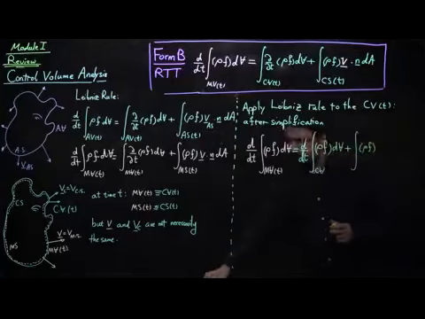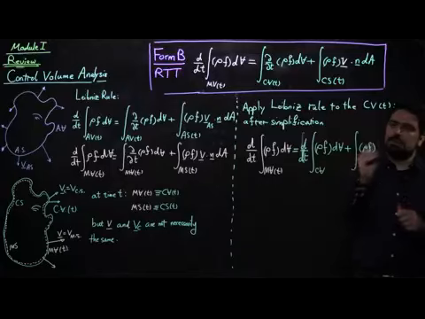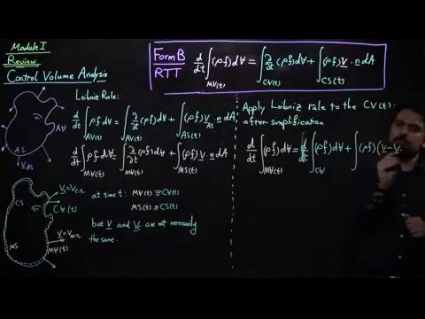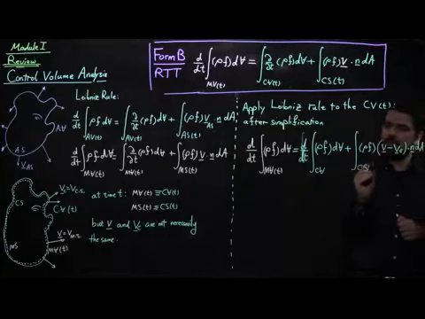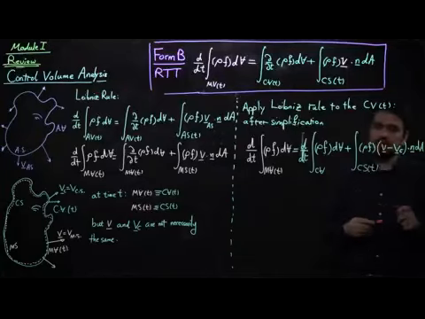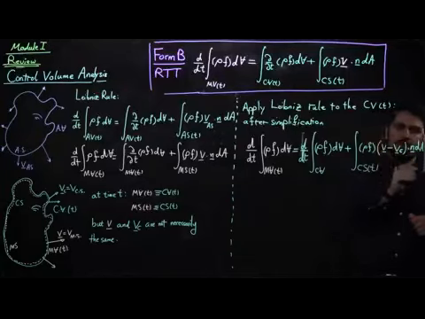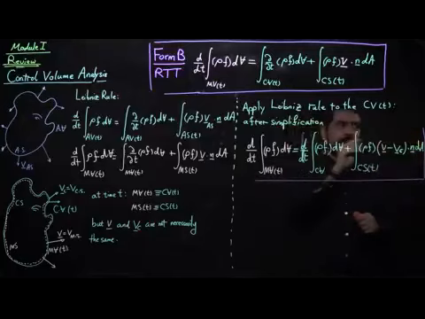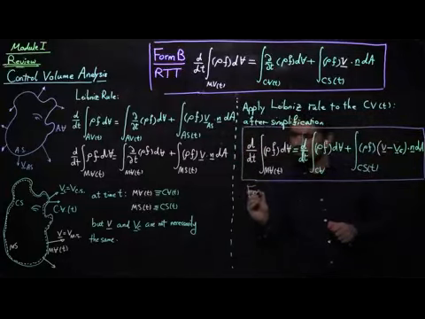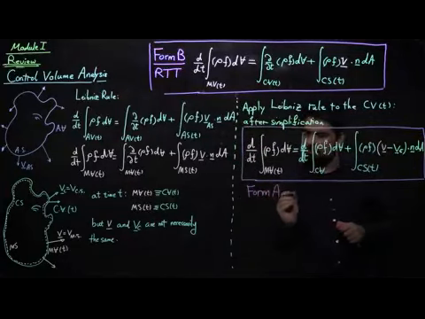And the velocity would be the relative velocity, which is v minus v sub c dotted to n dA. And this integral is done over the entire contour surface. And if you remember, this was indeed what, again, we described in the class as form A of Reynolds transport theorem.